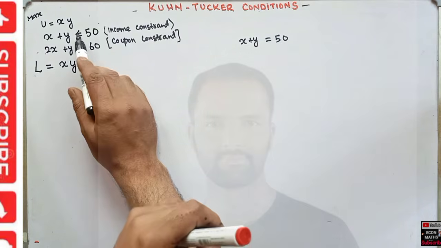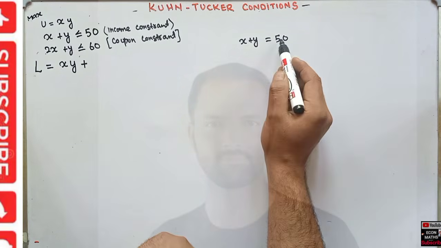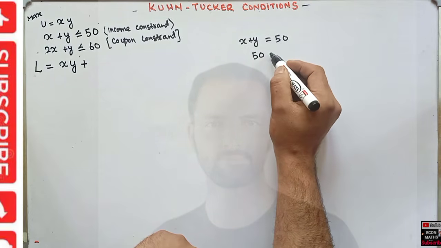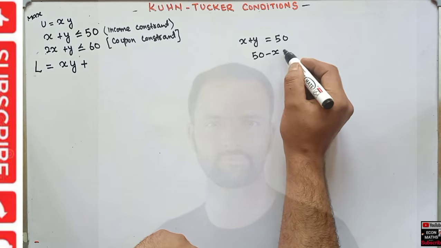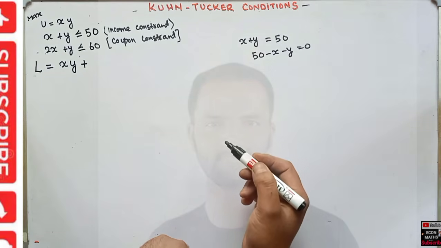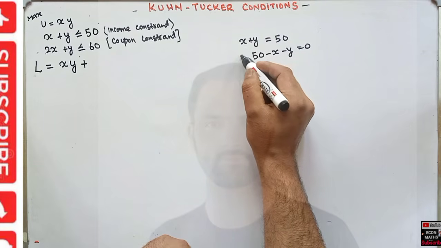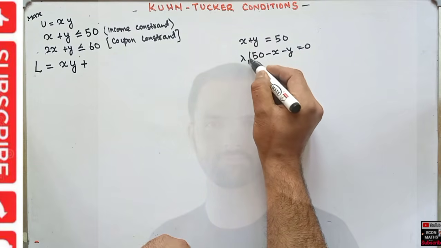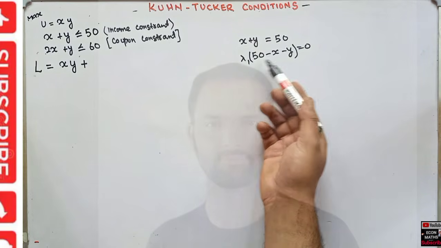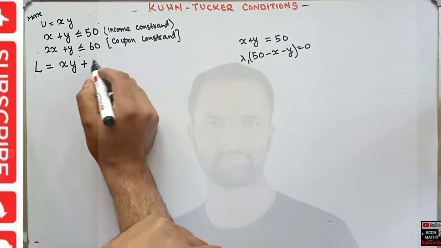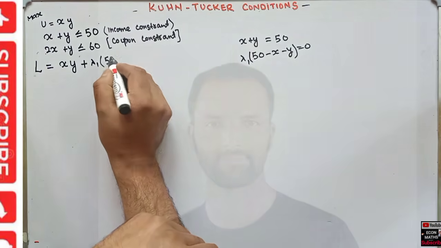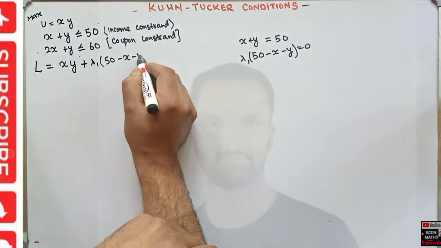First condition is, I'm just ignoring this inequality sign. First we write it like this: transposing all terms to the RHS, so this is 50 minus x minus y is equal to 0. Then we multiply it by lambda 1. This is how we form the first constraint. So we have lambda 1 times (50 minus x minus y).